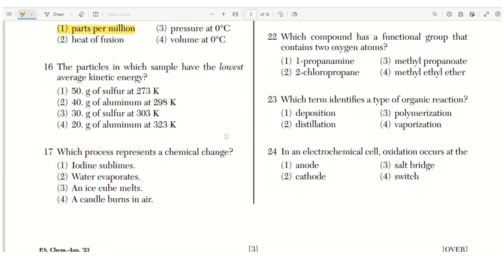The particles in which sample have the lowest average kinetic energy? This question is always here in some way. They're going to test if you know. Do you know that temperature is average kinetic energy? And I'm just looking for the lowest temperature. So do I care how many grams it is? No, no, no. All I'm looking for, lowest temperature. So it's right here. 273 is the lowest.